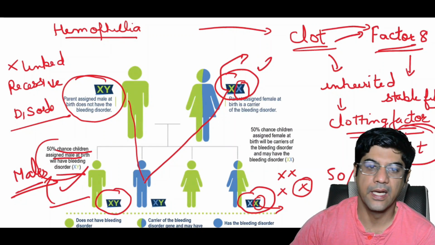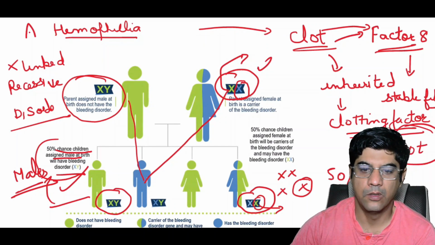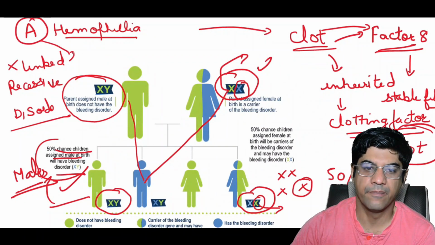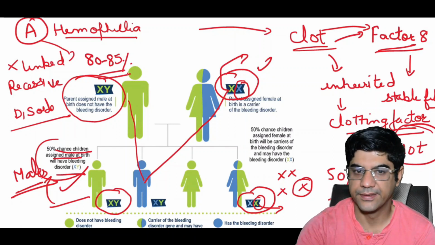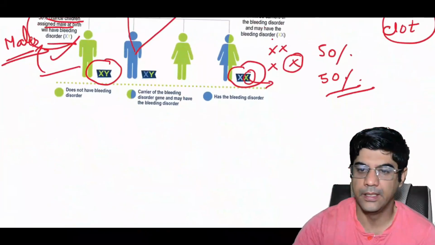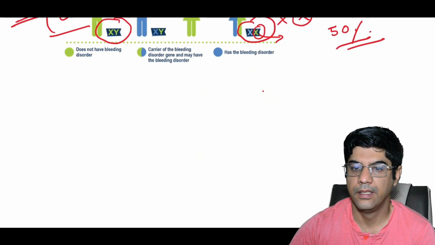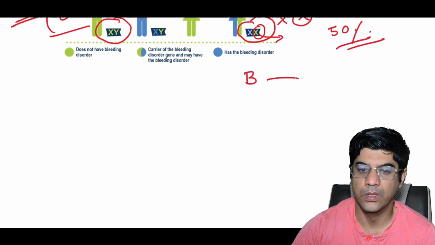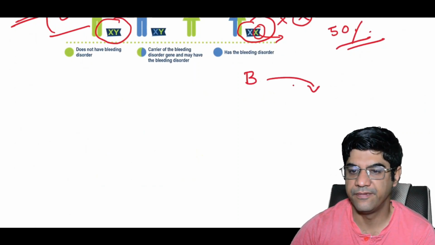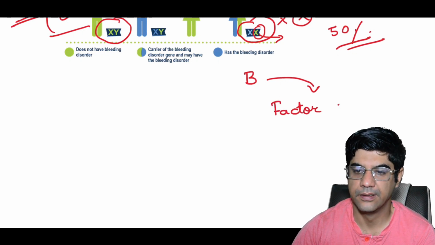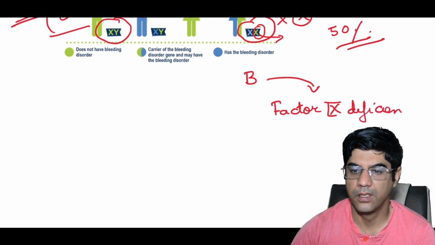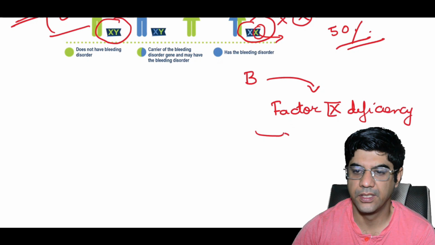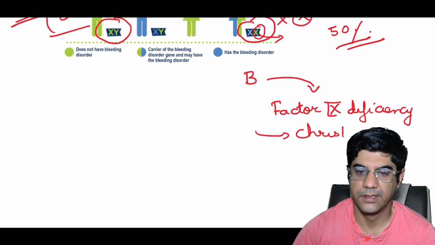So remember, hemophilia A accounts for 80 to 85% of all hemophilia, whereas the other is hemophilia B. It is also known as factor 9 deficiency or Christmas disease.